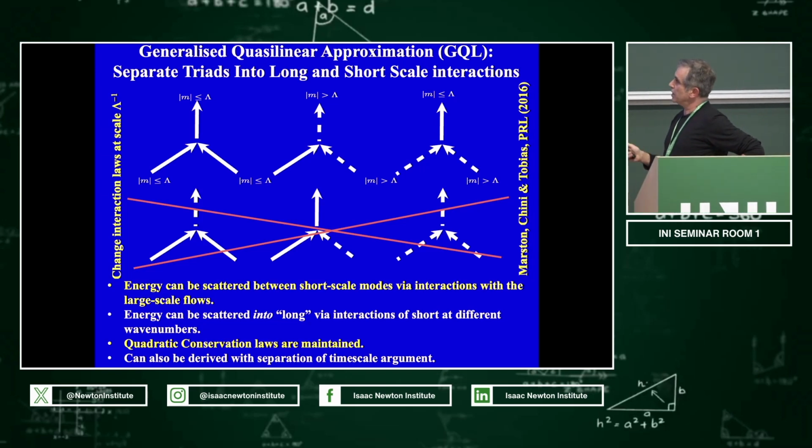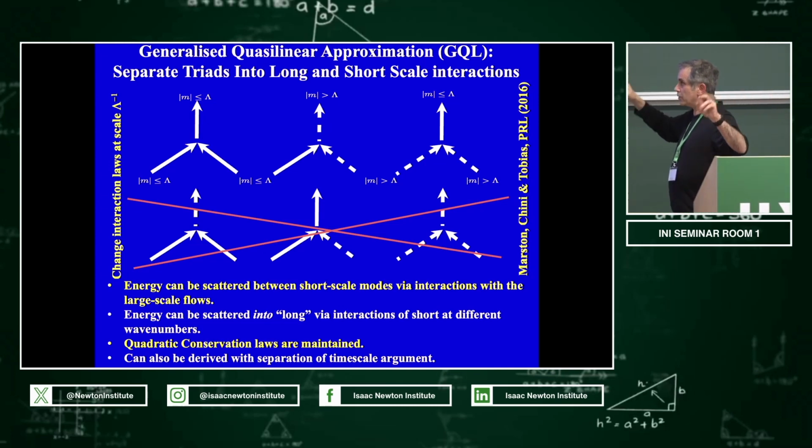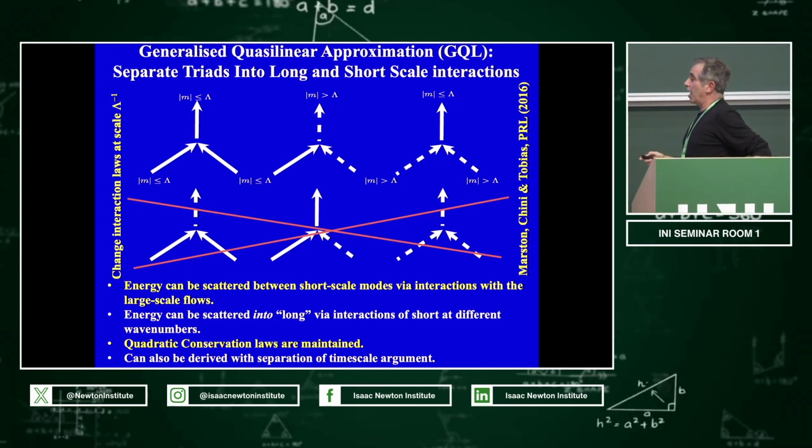And so what we do is we consider all wave numbers less than or equal to some cutoff wave number lambda as our large scales, or low modes we call them. And we kept certain interactions such that we respected Craigmann's triad decimation in pairs.